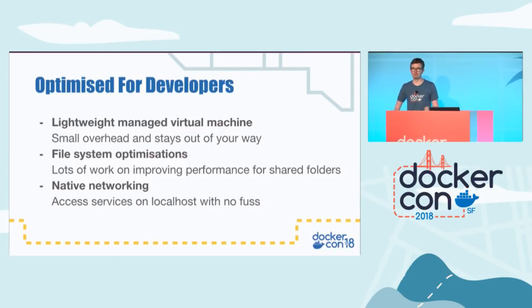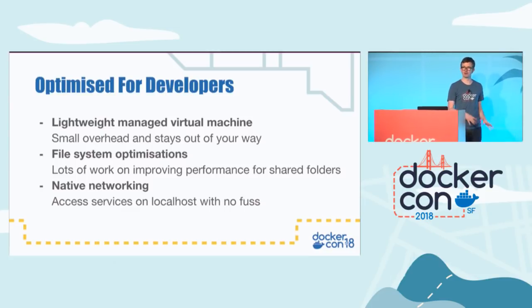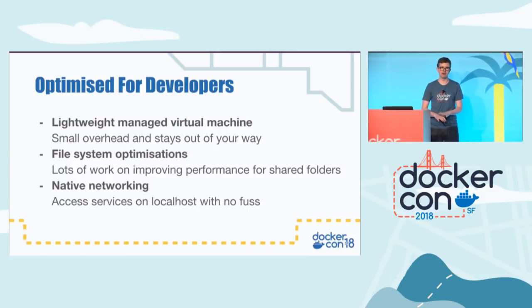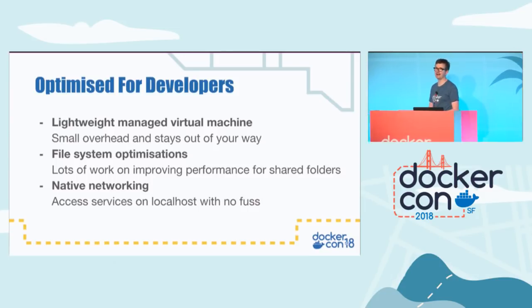Yes, there's a VM, but given that it's used for specific things, we can do a lot of low-level performance work and also native networking support. So one of the really nice things with Desktop, compared to other tools, is that you just use localhost. There's no other IP that you need to remember. There's not the same sort of port mapping. It's just your local network.